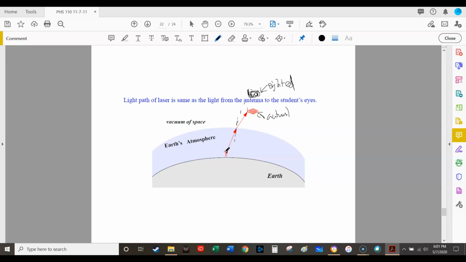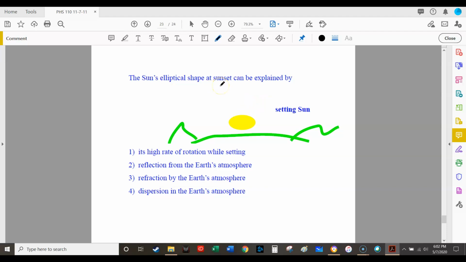Well, the cool thing is this has some really neat consequences, right? If you've ever seen the sun when it's either rising or setting, the sun actually doesn't look like a perfect sphere. It actually looks like an oval, right? And how can the sun change shape as it's going across the sky?